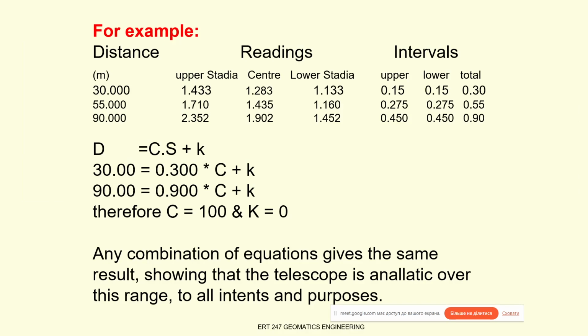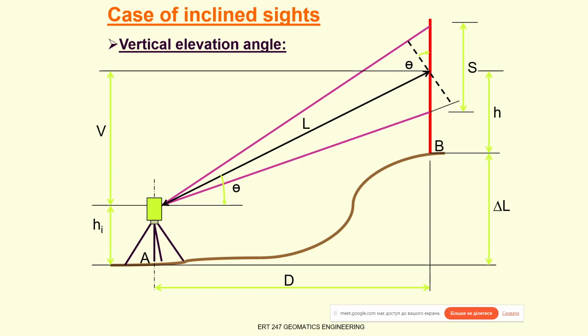Here you can see examples of calculating the distances between the tachyometer and staff. Any combination of these equations gives the same result, showing that the telescope is analytic over this range to all intents and purposes.